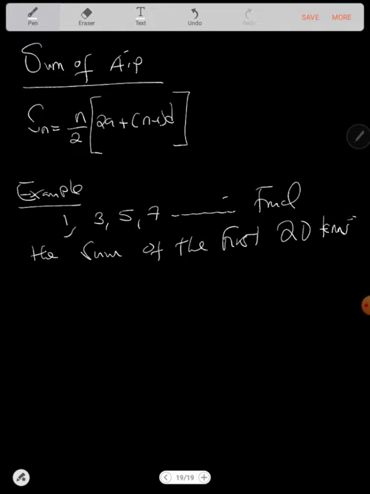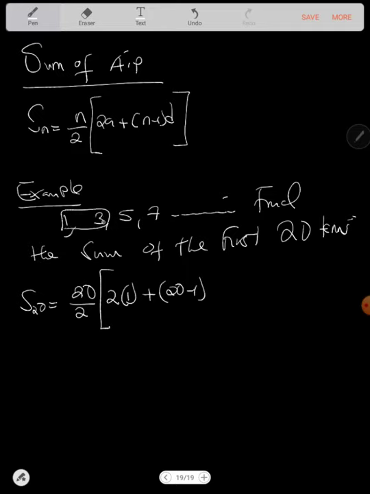Since I'm finding the sum of the first 20 terms, I'll say S20 is equal to n, which is 20, over 2 times 2A, where A is 1, plus n, which is 20, minus 1. Then D is the difference between either these, which is 2, or between these, or between these. So we are getting the same, which is 2.